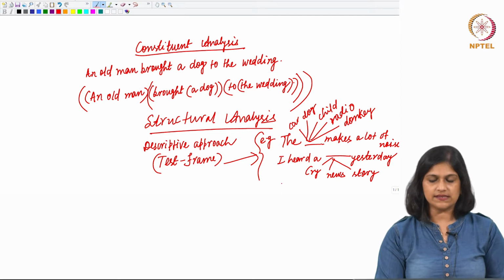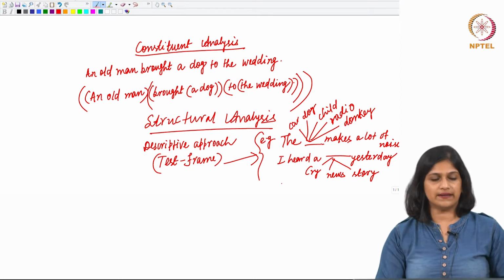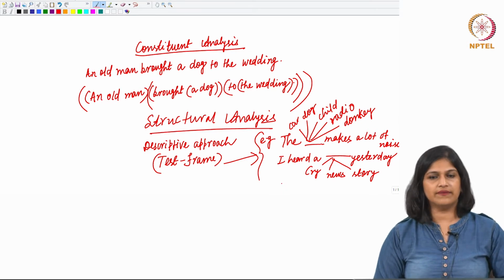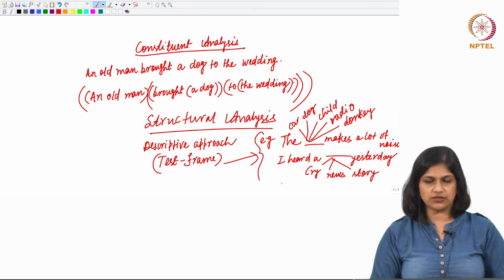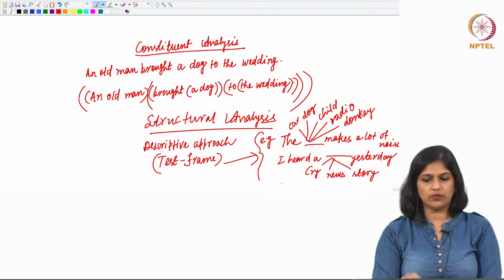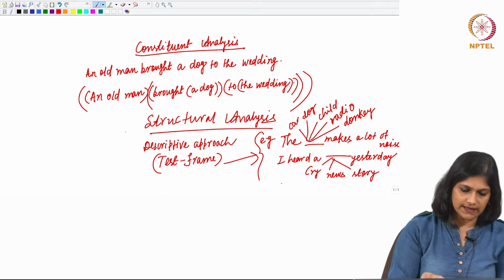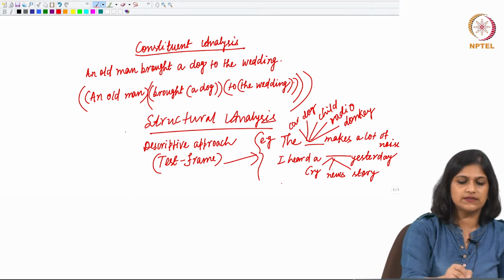This is a test frame that you need to understand when you are trying to figure out the structural analysis of a sentence. Like that, we can create different kinds of frames and fit in the possible constructions that would be suitable for a particular frame, right. So, with this understanding, let us move to the constituent analysis.